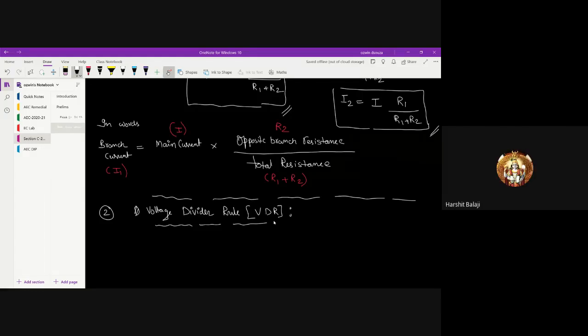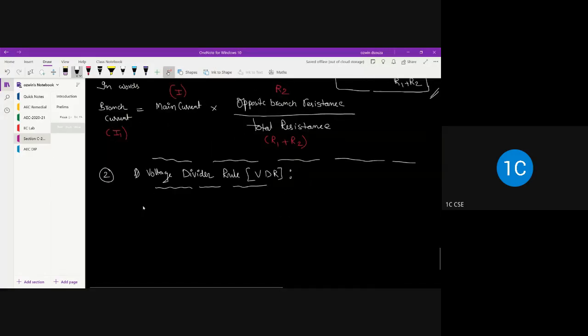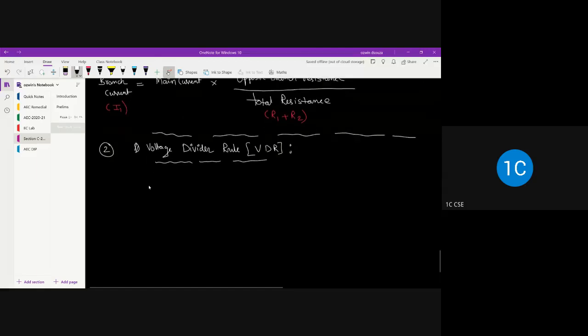Exactly. In a series circuit, the terminal voltage across the resistor changes. This voltage divider rule is generally applicable to two resistors connected in series. When there are more resistors, you don't go for the voltage division rule; instead, you combine them into a single resistance.